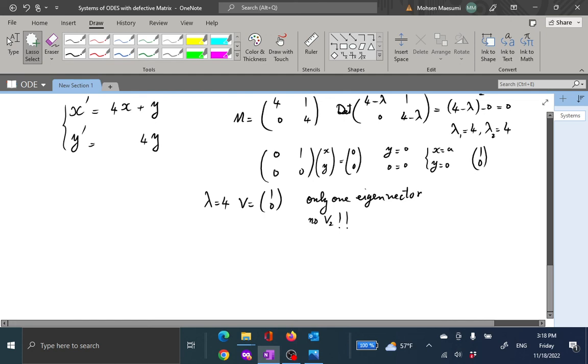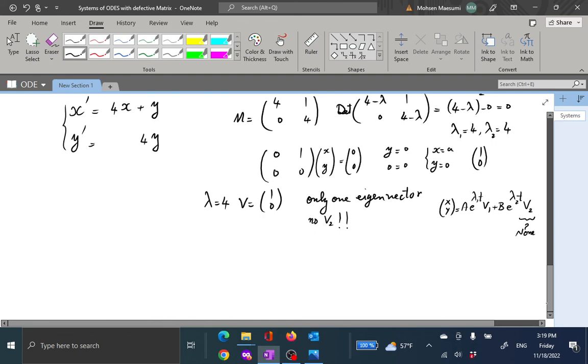So let's see. So what to do with the second missing eigenvector? Our solution was always x, y: some number times exponential of lambda 1 t times the first eigenvector, and b times exponential of lambda 2 t times the second eigenvector. And I just don't have any.